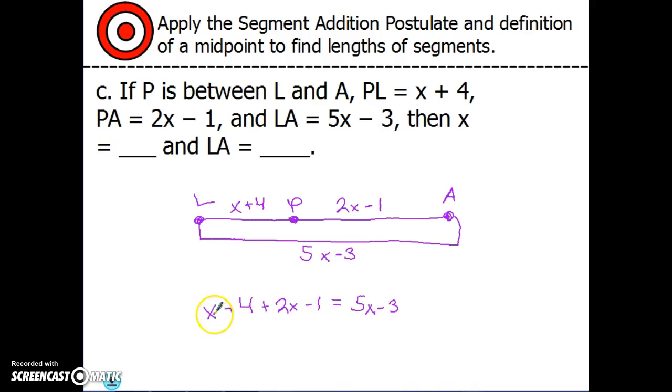Let's go ahead and solve it out. Combine like terms first. They're on the same side of the equation, so there's no need to do opposites. We'll just combine them. x plus 2x is going to be 3x. 4 plus negative 1 is going to be 3. That's going to equal the other side, so 5x minus 3. Let's go ahead and combine our x's. I'm going to move the smaller one over to the bigger one, so I'm going to subtract 3x from both sides.